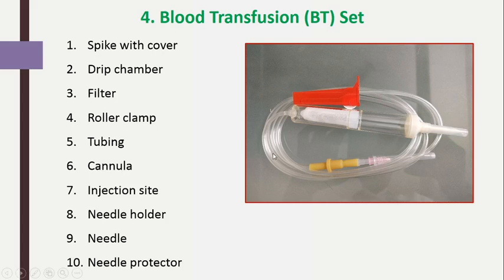Another part is the tubing. You can see this is called the tubing here, which helps to convey the blood from the blood bottle to the site of administration. Also there is a cannula. You can see in this picture, this is a cannula, which helps to attach the tube and the other section, that is the needle.